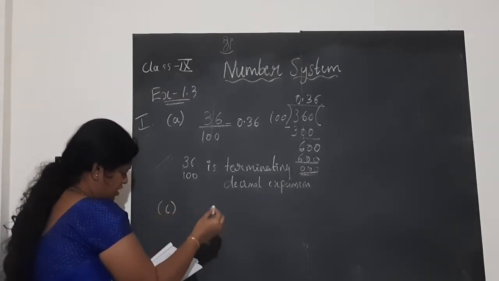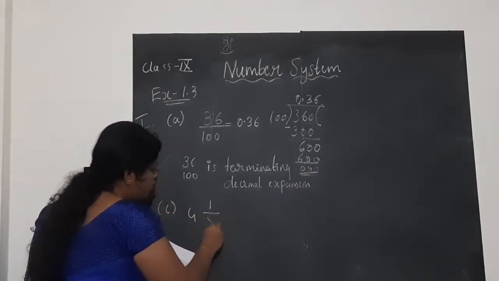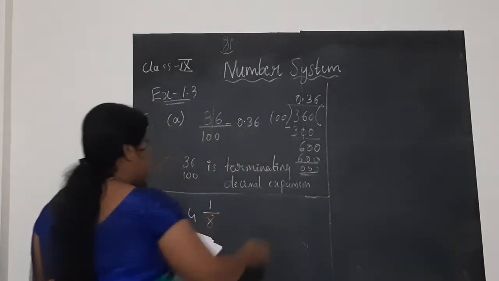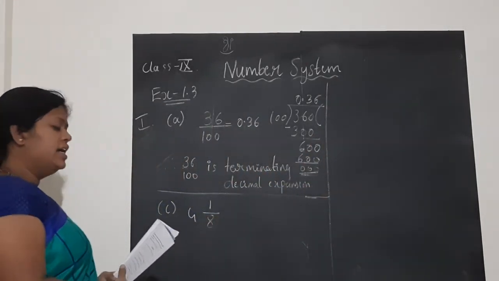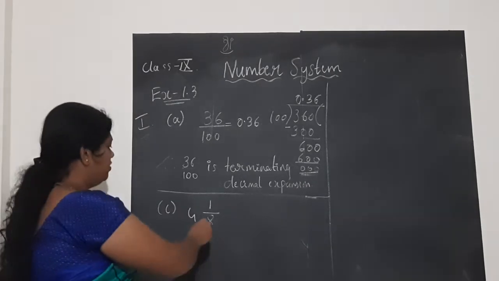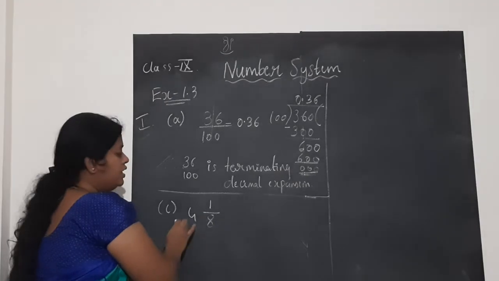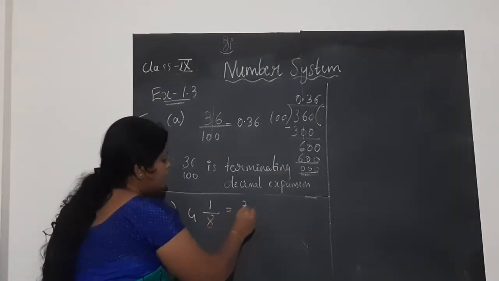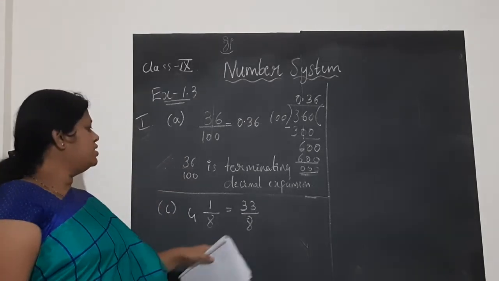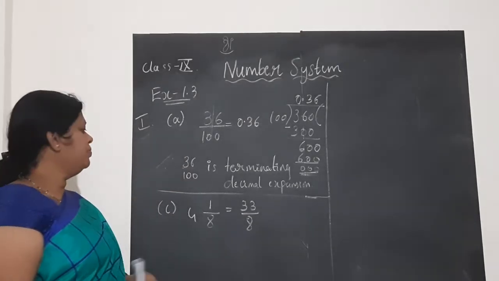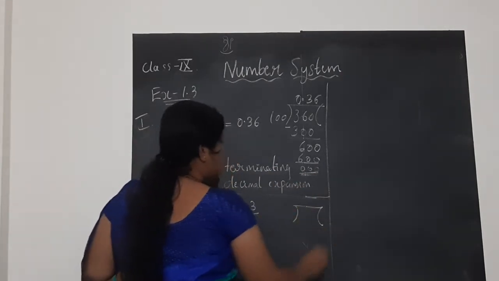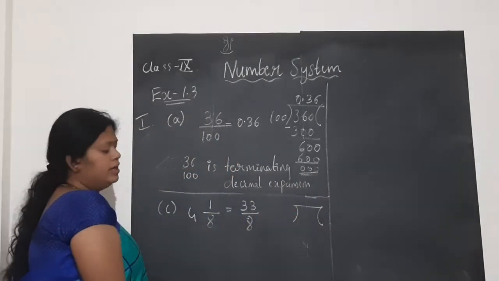Since a mixed fraction is given, it is 4 1 by 8. If a mixed fraction is given, you have to convert it into an improper fraction. 8 4s are 32, plus 1 is 33. So 33 divided by 8. Now this is an improper fraction. Let us go for the actual division and find out whether it is terminating or non-terminating.